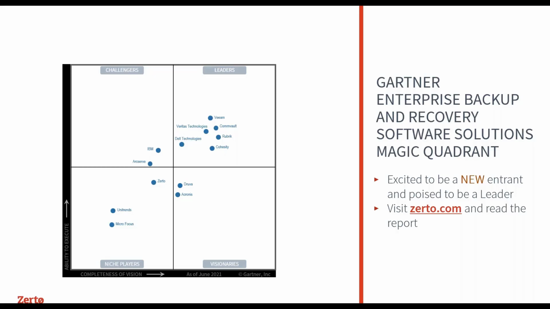And I just want to let you know that it actually gets even better, because since the publishing of this MQ, which is only just recently, and the evaluation period that they looked at Zerto itself, we have made some significant announcements with our Zerto for Kubernetes, so the backup and disaster recovery, as well as the Zerto backup for SaaS, powered by Keep It.